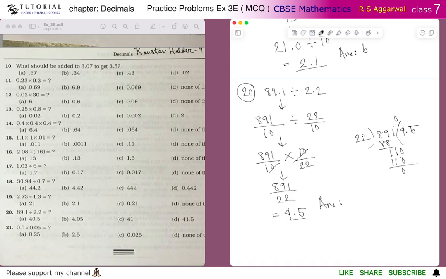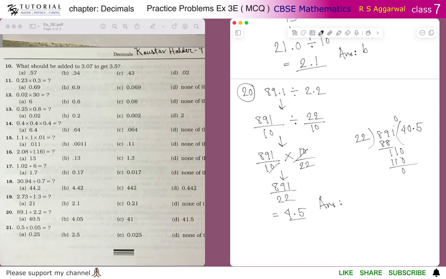Okay, I made a mistake in the division. So 4, 88, 1, 1. So here will be a 0. I'm sorry. This will be 40.5. First our quotient was 4.